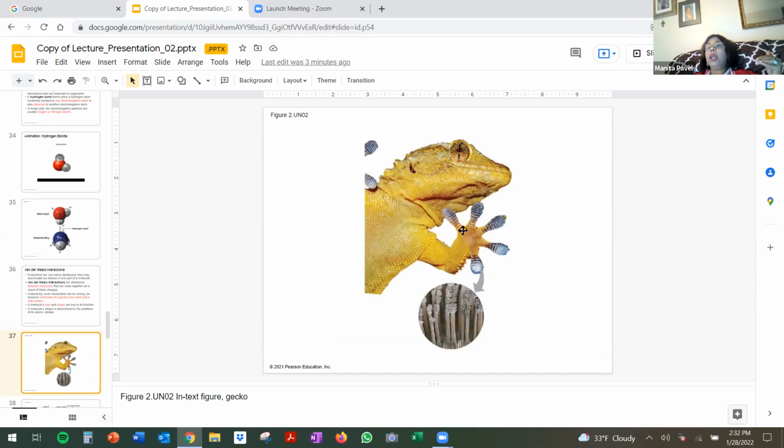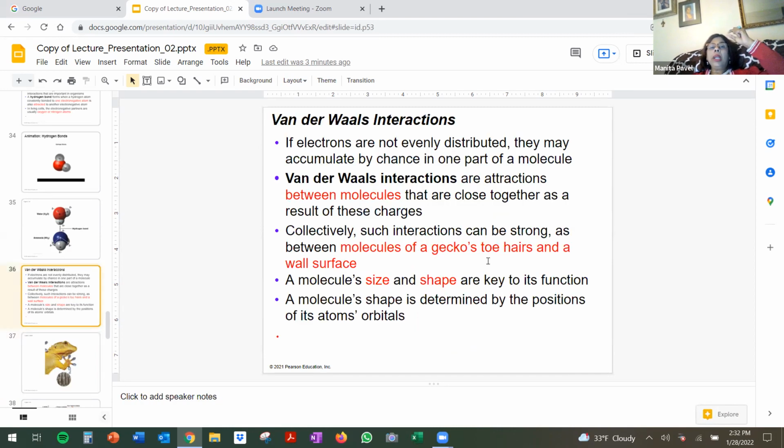It's a reptile. It crawls on surfaces. How does it crawl? It is because the toe pads have small hair-like structures. It acts like a suction, and it can attach itself. It sticks to different surfaces. So they're making a comparison between the molecules of a gecko's toe hairs and the wall surfaces. The interactions can be strong.